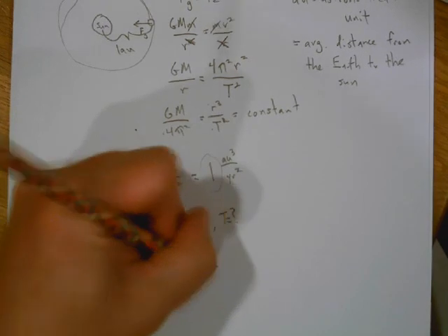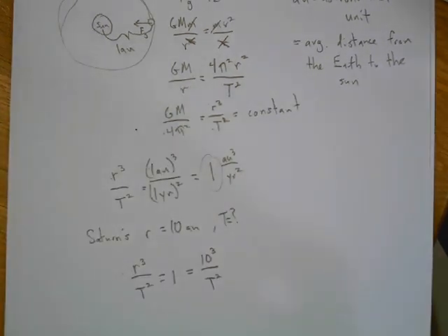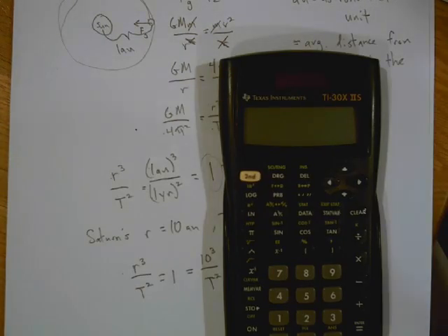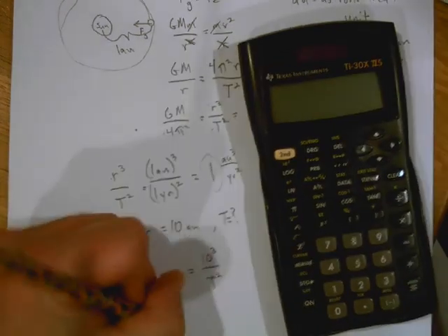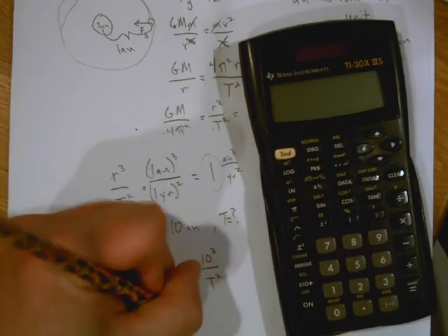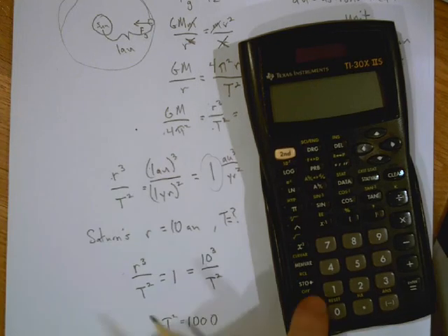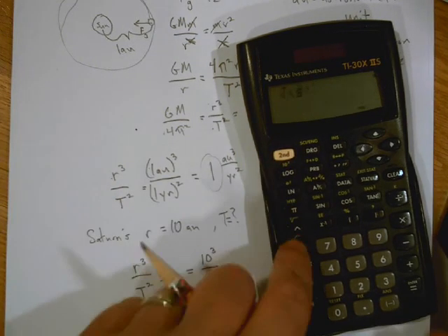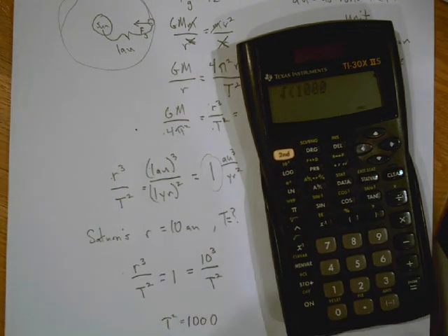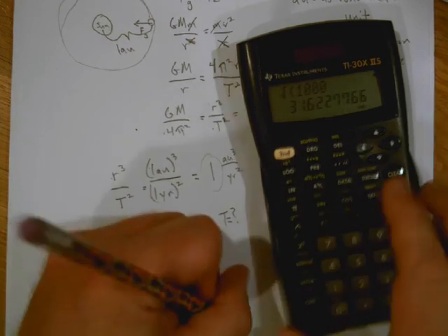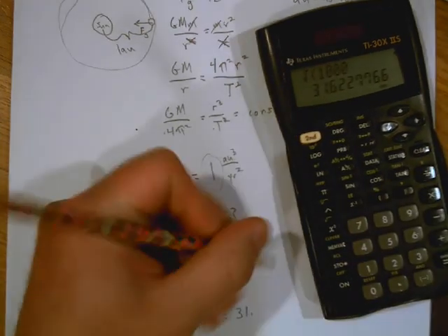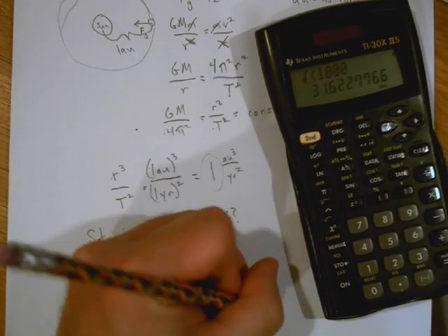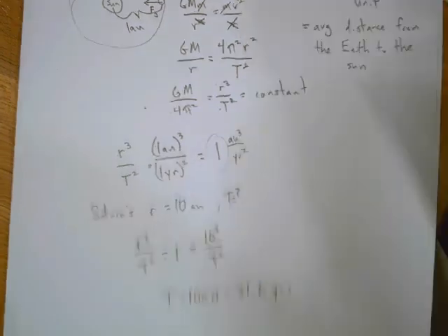You would say r cubed over T squared equals 1. Well, r is 10, so 10 cubed over T squared. You take out your calculator because you don't have to do this in your head, and I end up with T squared equals 10 cubed, which is 1,000. If I take the square root of 1,000, I get just over 31.6 years.